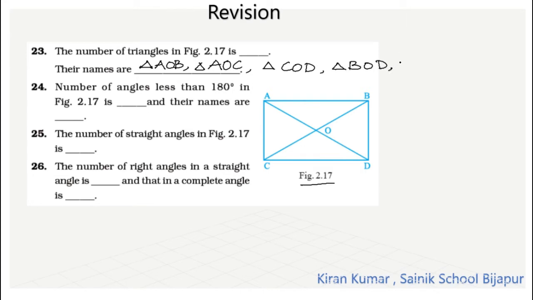And observe, there is triangle ACB and another triangle is ACD. Triangle BAD and triangle BDC.